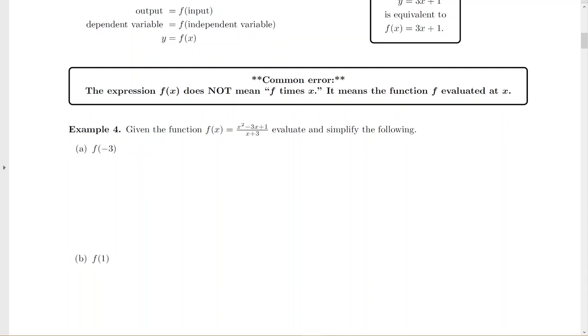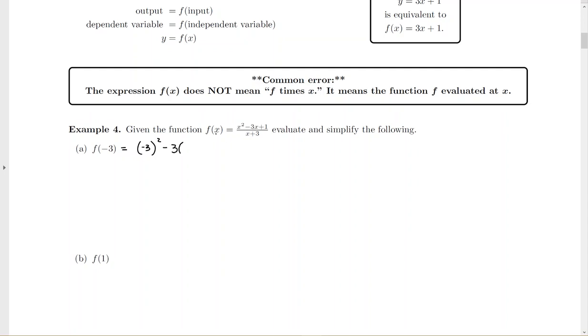So for this first example, I go to the f function. I take out the x's here, all of them, and replace them with -3s. Now when you take out a variable, it's important that you put in parentheses because you're going to have to put that number inside the parentheses. And there's a difference between a -3 in parentheses squared and just a -3 squared. We'll see that in a second here.